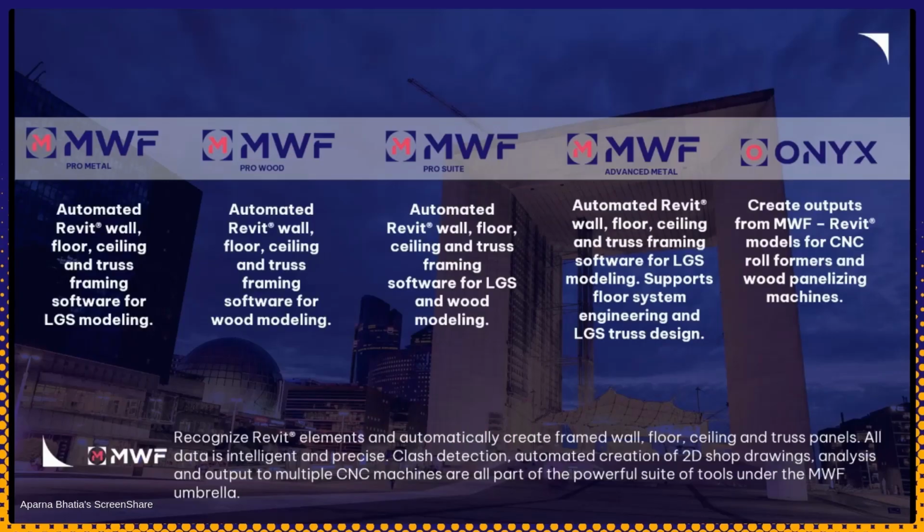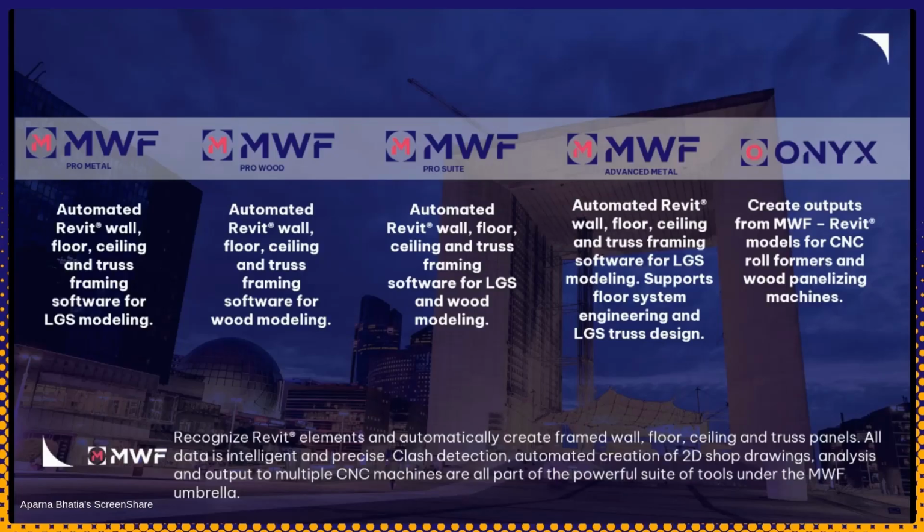All right, so MWF offers a few tools, as we mentioned. The main few are MWF Pro Metal, MWF Pro Wood, Pro Suite, Advanced Metal, and Onyx. Pro Metal basically allows you to do all Revit wall, floor, ceiling, truss, framing, all in LGS or light-gauge steel.